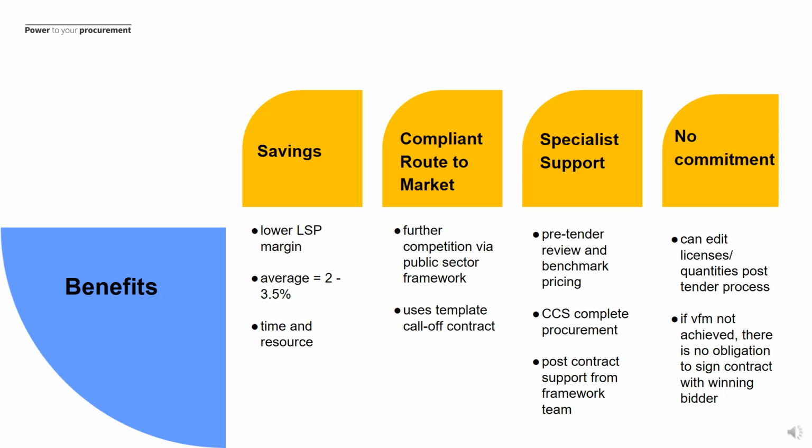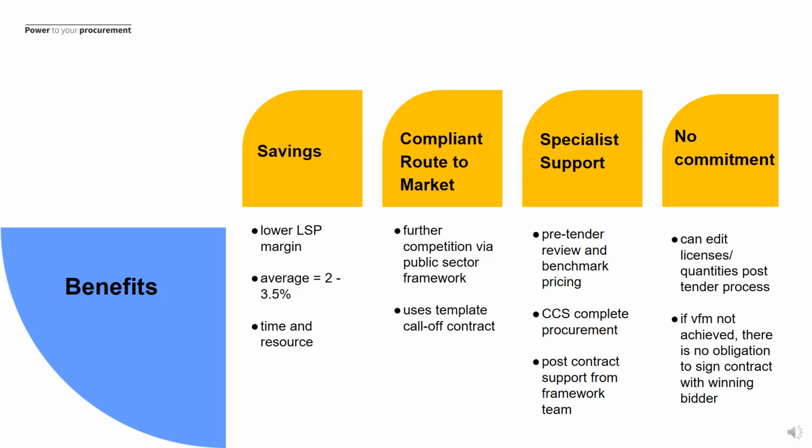There's the specialist support that we provide at the pre-tender, the tender and the post-tender stage. So the pre-tender, remember, we'll provide a review of your license list and we'll provide you with benchmark pricing, and then we carry out the procurement for you. And then we'll provide some post-contract support should you find you need it as you move through the life of your contract.